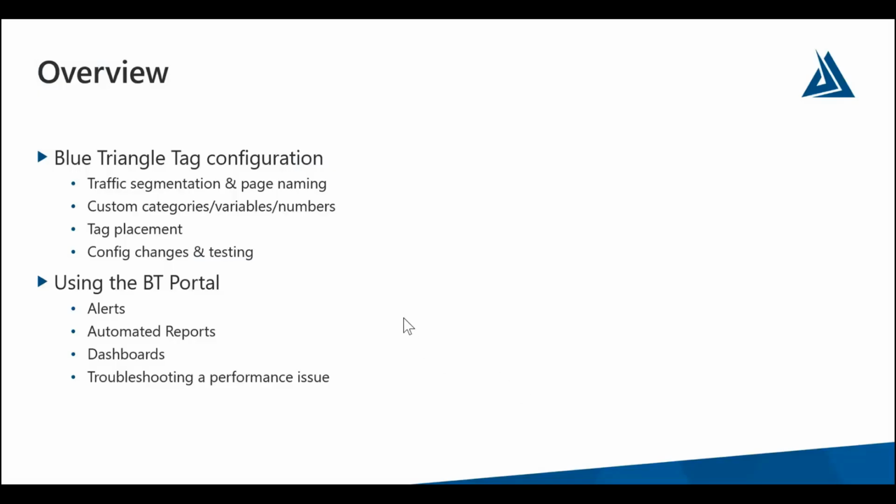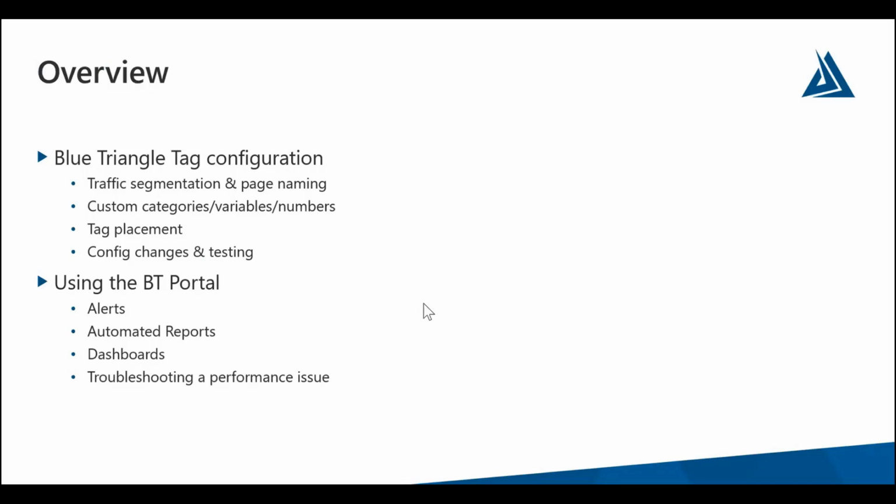Here's a quick overview of what we're going to cover. We're going to break it out in a couple different ways. We'll start with tag configuration, and then we'll talk about performing analysis in the Blue Triangle portal. With tag configuration, we'll talk about traffic segmentation and page naming, custom data fields, which are custom categories, custom variables, and custom numbers.